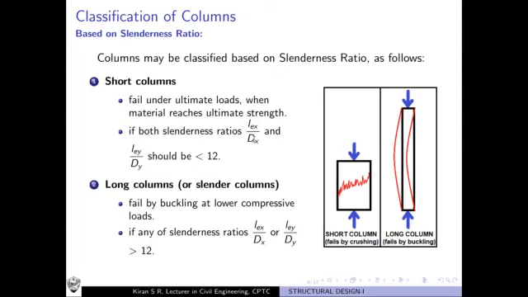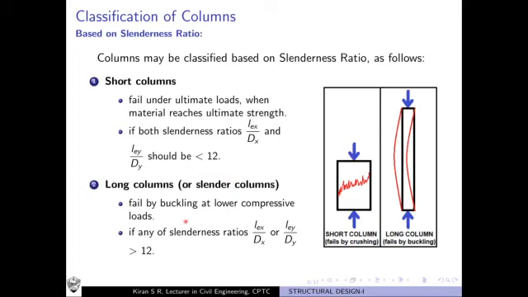If both the slenderness ratios Lex by dx and Ley by dy are less than 12, then we call such columns short columns. If at least one of the slenderness ratios exceeds 12, then we call it a long column.